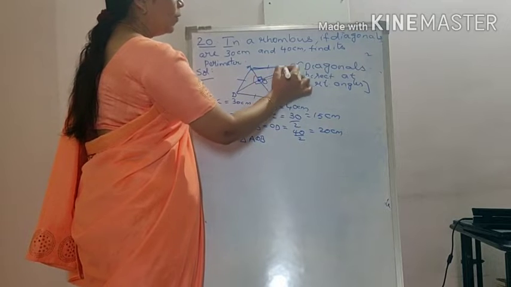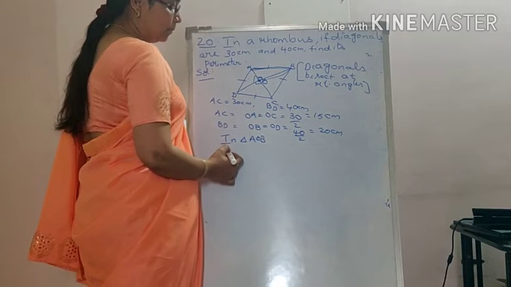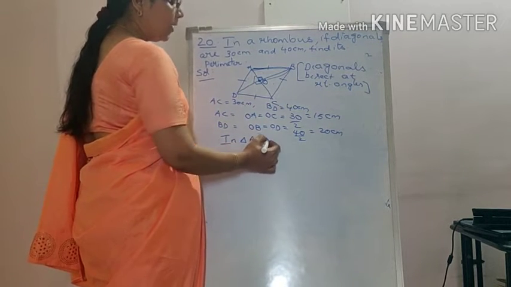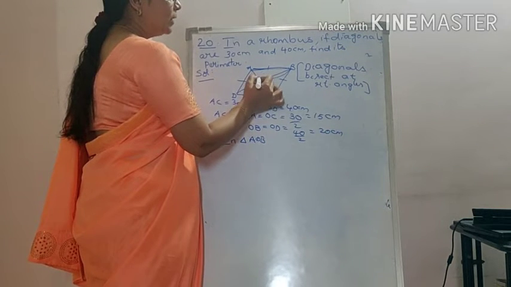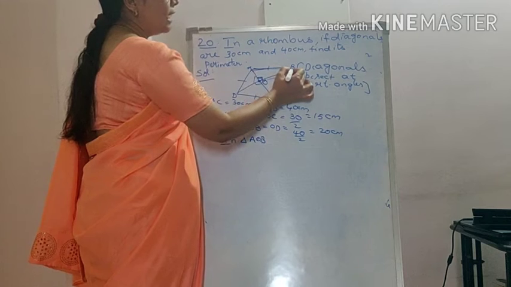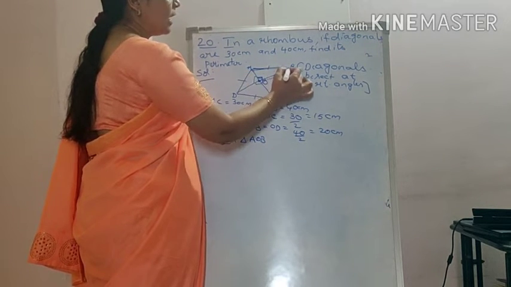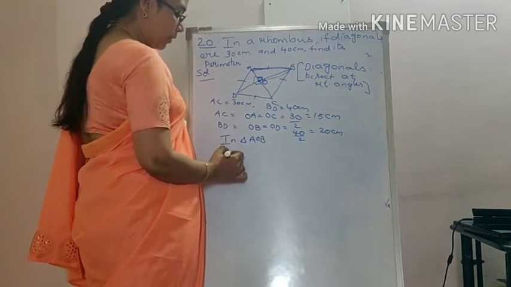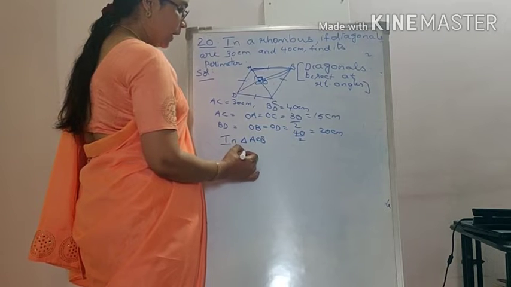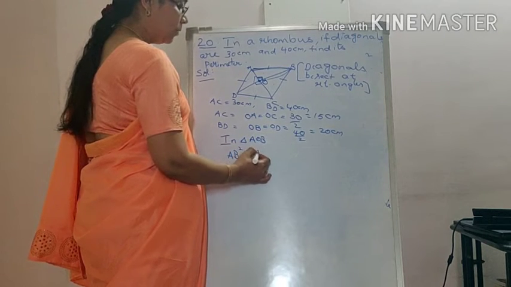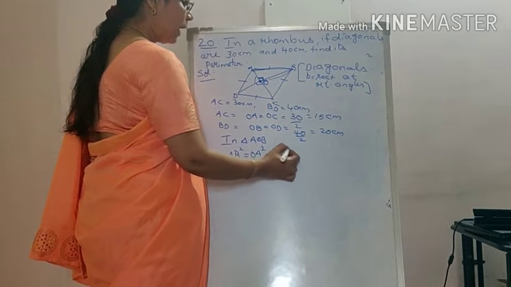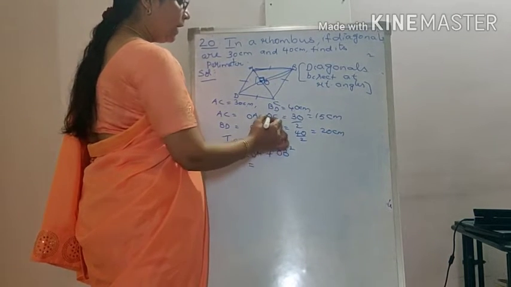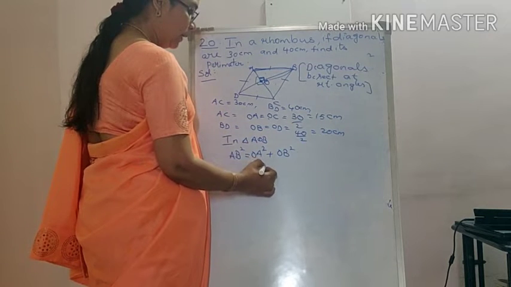Here angle AOB is a right angle. Therefore triangle OAB is a right angle triangle. The side opposite to the right angle is always the hypotenuse. So if you take this triangle, then AB is a hypotenuse. So AB square is equal to, we can write OA square plus OB square. OA we have written it as 15 centimeters.